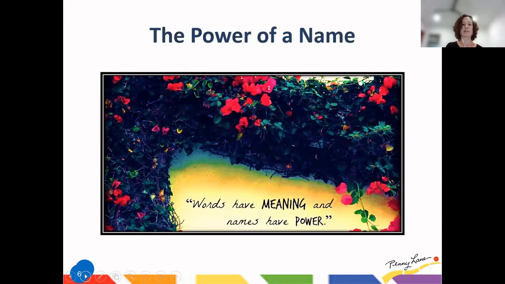So how do we respect that? One way that we can respect that is by using the correct name. By correct, I mean the name that somebody wants to go by. Some transgender and non-binary people in particular, when they come out as transgender or non-binary, will take on a new name. At that point, their previous name is said to be dead. That's their dead name. And if we use their dead name, it's very offensive.